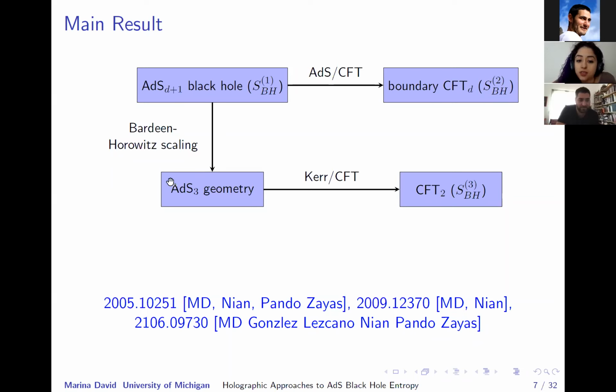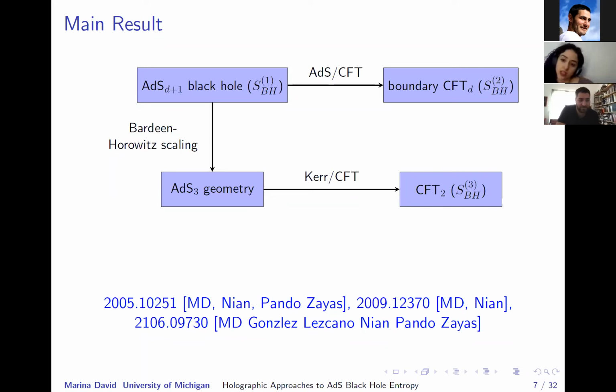And AdS3 geometry is really nice because we can use another holographic approach called the Kerr/CFT correspondence, which relates some AdS3 geometry to a CFT2. And we can compute yet again the black hole entropy, which I'll call S3 here.